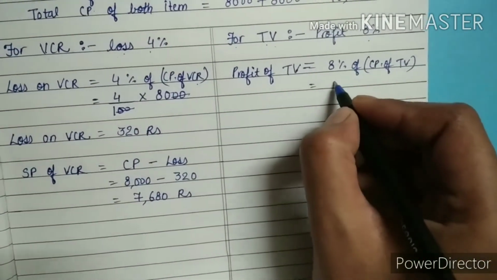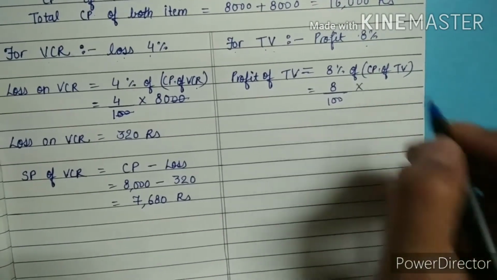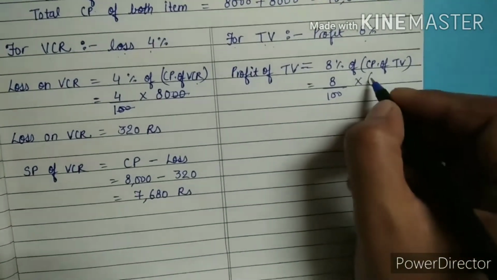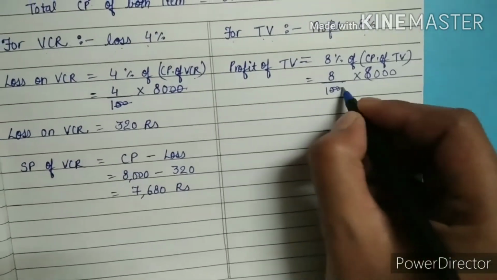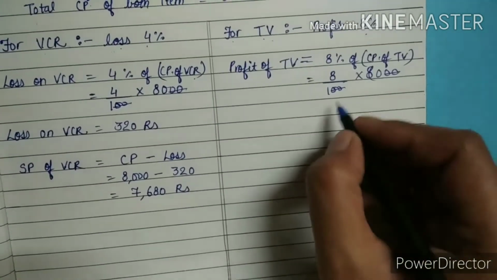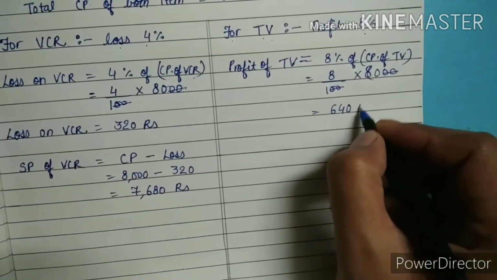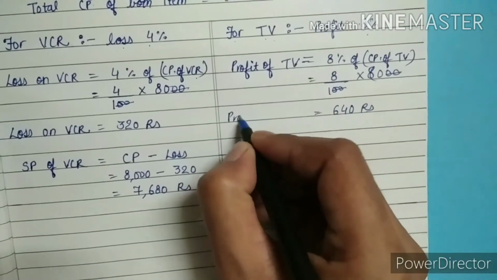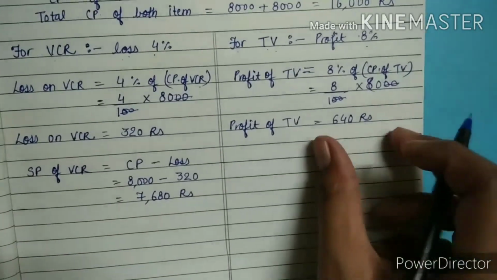When we remove the percentage symbol, 100 will come downside. On the place of 'of' we have to put multiply. Cost price of TV is 8000 rupees. 00 to 00 cut, and 8 into 80 will give us 640 rupees. So that is the profit on TV.